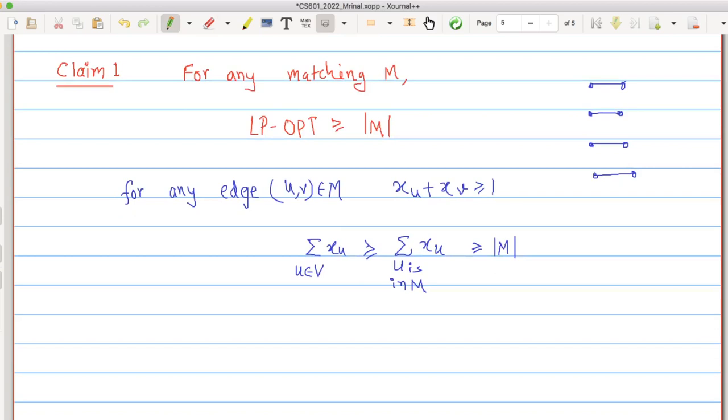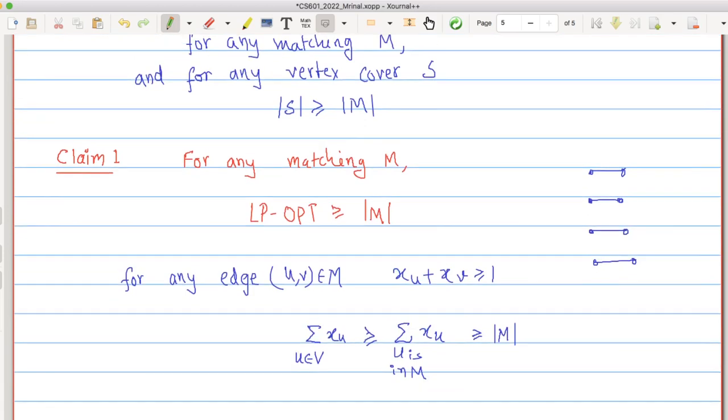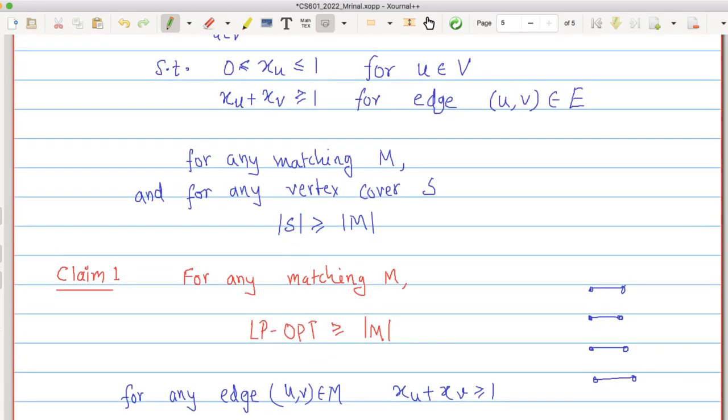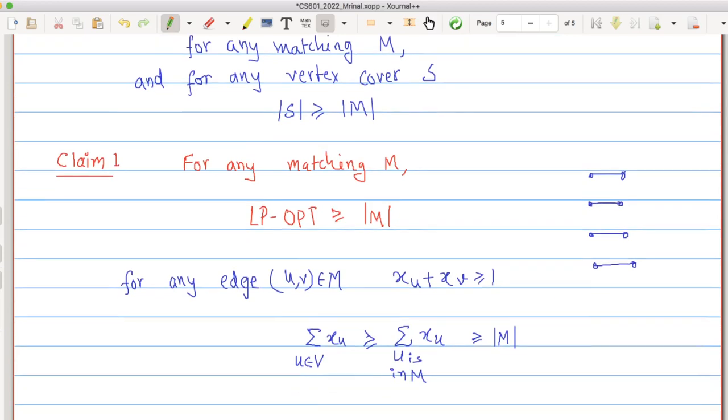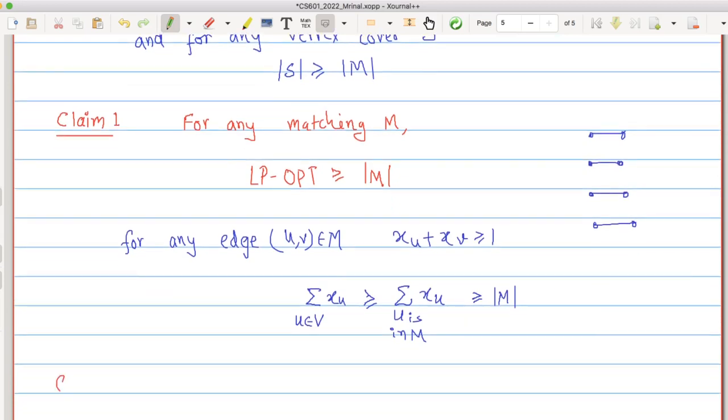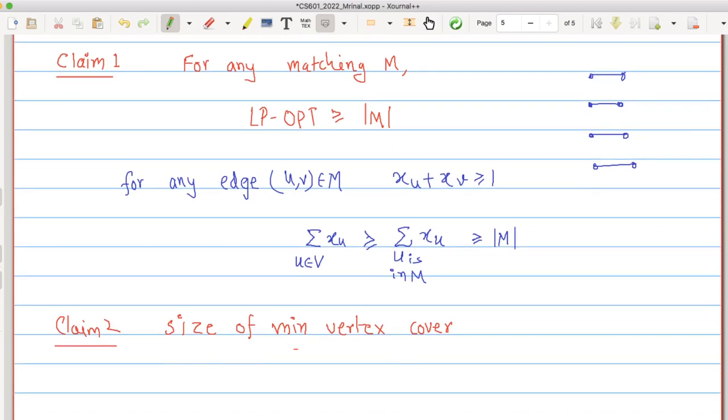Now we know the size of the matching gives a lower bound. Now we know something special about bipartite graphs. This claim 1 is true for any graph, but what we know about bipartite graphs is that the optimal vertex cover size is exactly equal to the size of the maximum matching, right? That's a real non-trivial result, and you can prove it using max flow min cut.